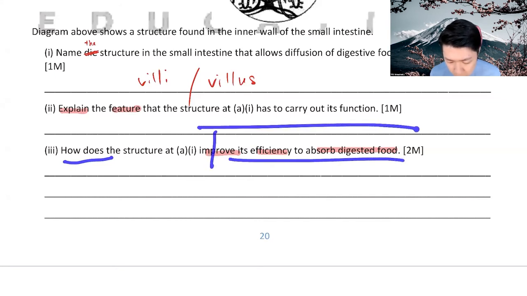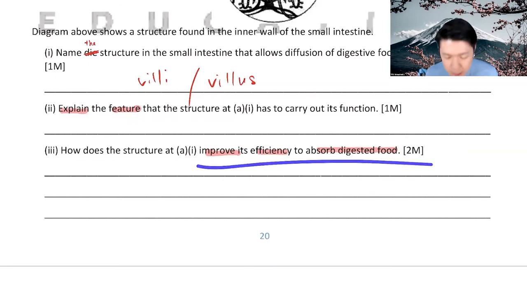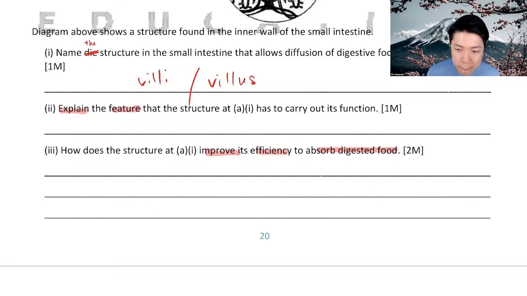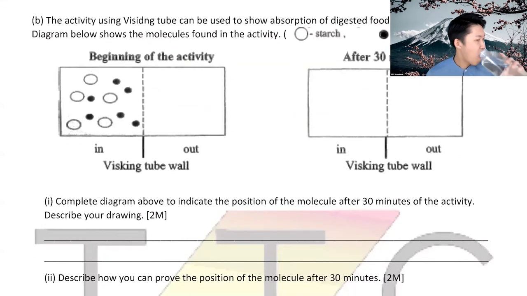Here is already the explanation: have a network of blood capillaries, that improves the efficiency; has a large surface area, that improves the efficiency. Just as what I've sent to you. Okay, wait for the next part, question B.